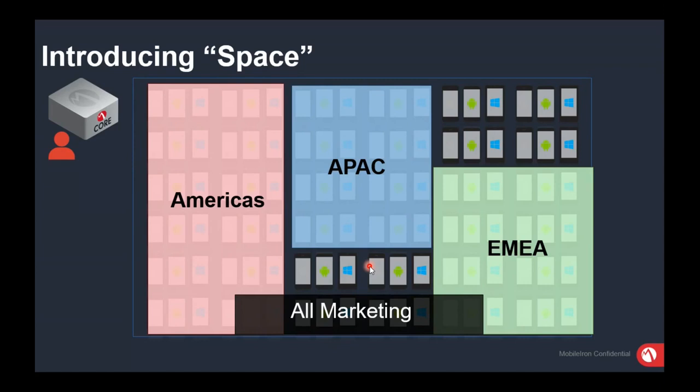So within, for example, the EMEA space, you will have one set of policies and configuration meant for the IT department, and one set of policies and configuration applicable for the finance department. So likewise, you can integrate with LDAP and you can use those LDAP groups for pushing the apps or policies or configurations. And you have one global space which will have control for all other spaces.